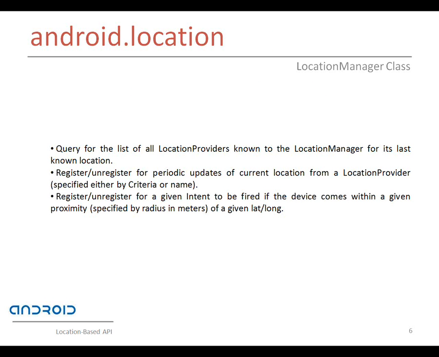The last known location is also available directly from the manager. That will show you in the example also. Besides this, location manager also does the three things as mentioned there. Query for the list of all location providers known to the location manager for its last known location.